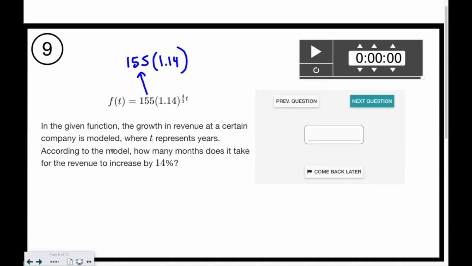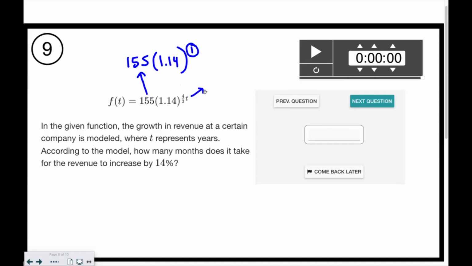So whenever we multiply 155 by 1.14, that is going to increase our original revenue by 14%. So what I really want is an exponent of 1 up here so that I actually do get 155 times 1.14.